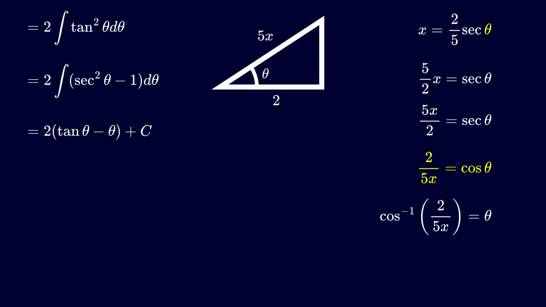So we can just let the adjacent of our triangle be 2 and the hypotenuse be 5x. Pythagoras saves us again by helping us get the opposite side. Looks familiar. Since we have both the opposite and the adjacent now, we can divide them to get tangent.